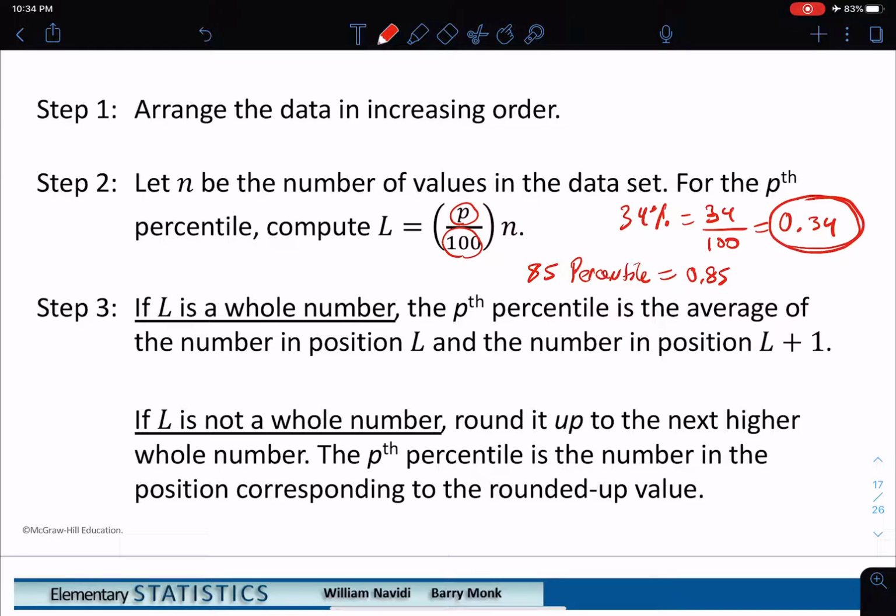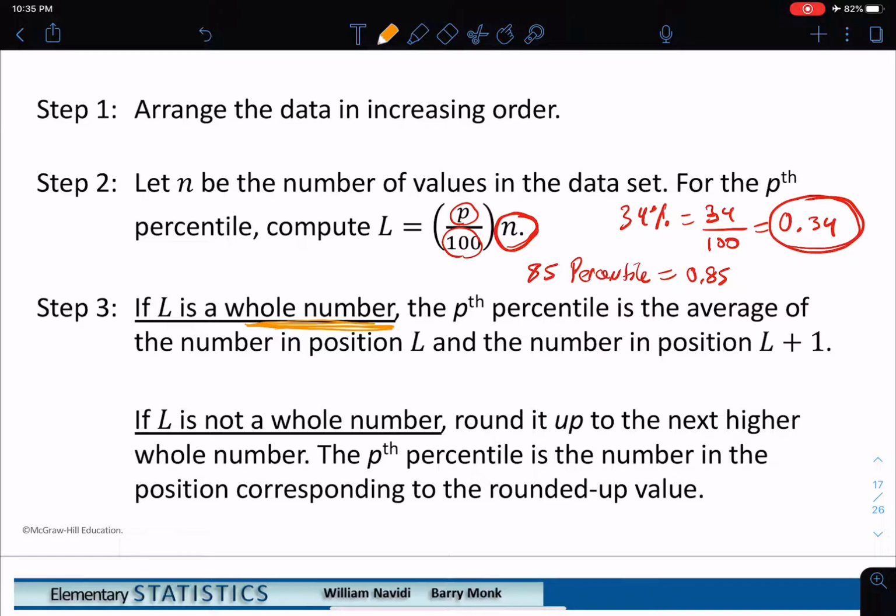Once again, you find this L value, the same way, by multiplying it by the number of data values or data pieces that you have. Now, when you do this, you find this L value. If the L value is a whole number, then, remember, it's a position in your data, you take the next position, look at the values in those two positions, find their average, and that's going to be that percentile.